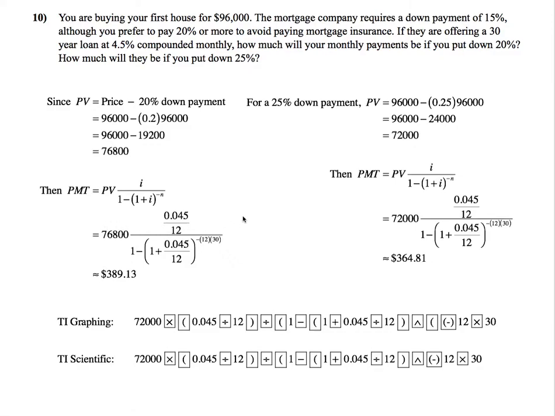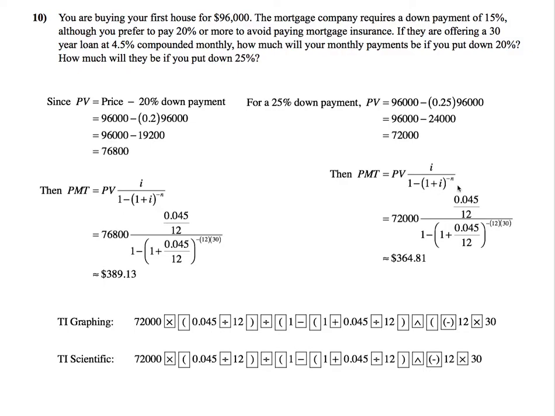Now the keystrokes are kind of long and complicated, and again, this formula is shown two different ways in that section in the text, and for whatever reason I've chosen to use this one.